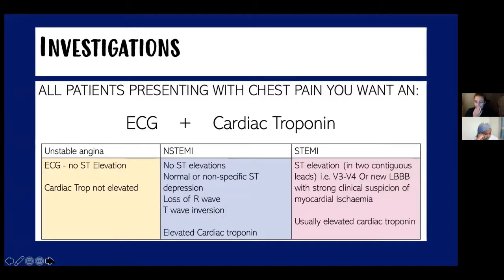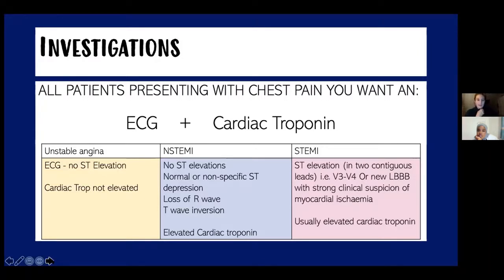So then when it comes down to our investigations, we've kind of covered this already. The big things we want to exclude ACS or to prove which form of ACS the patient is having are an ECG and our cardiac troponins. This is another breakdown, a repeated diagram.